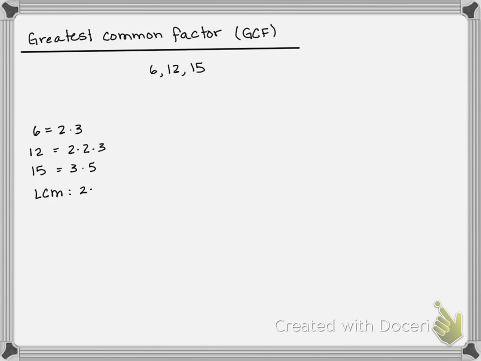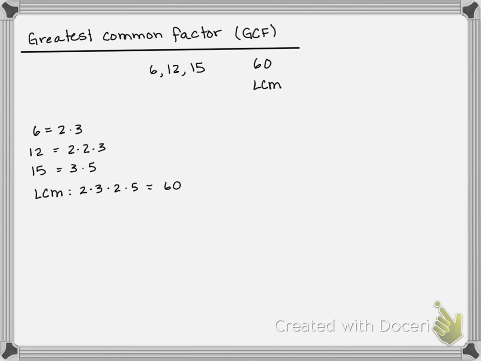So we needed 2 times 3, and then from that factorization of 12, we're missing another factor of 2. And then from the factorization of 15, we are missing a factor of 5. And so our LCM is 60. That is the smallest number that all 3 of those divide evenly into.